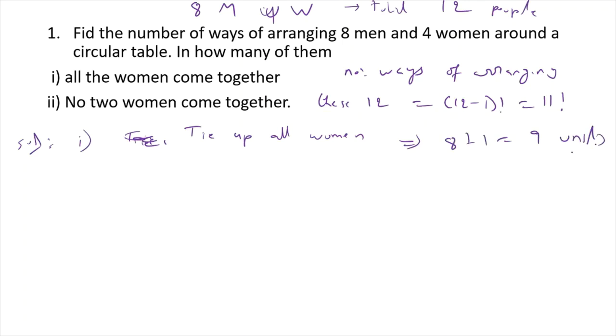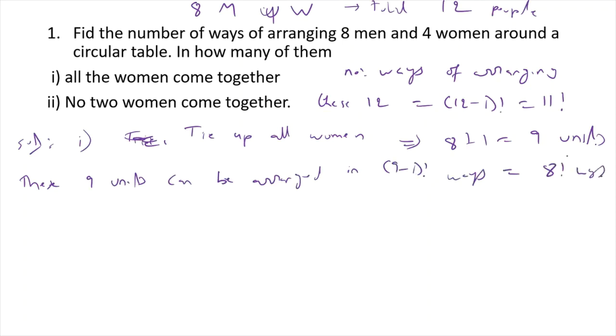We have 9 units of people. I can arrange these 9 units in 9 minus 1 factorial ways, which is equal to 8 factorial ways.